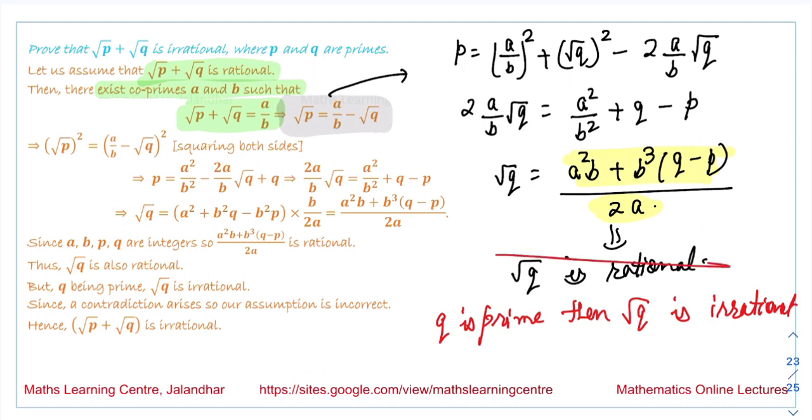So the supposition we have made over here that square root p plus square root q is a rational number is incorrect. It is not possible. Our supposition is wrong. So square root p plus square root q is an irrational number.